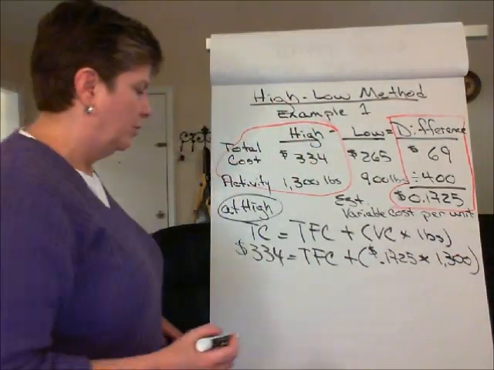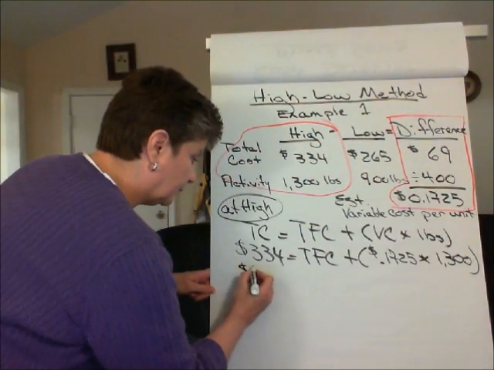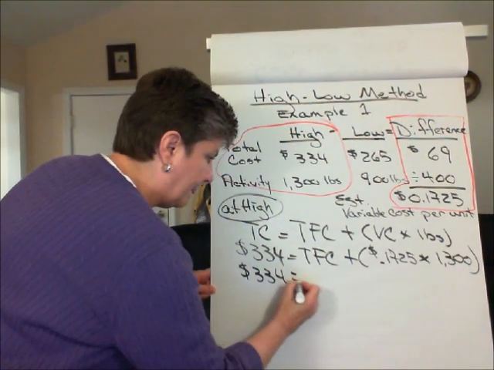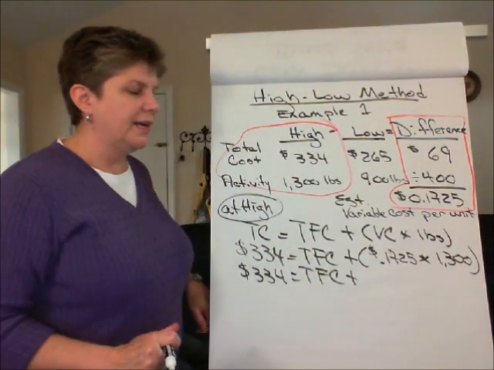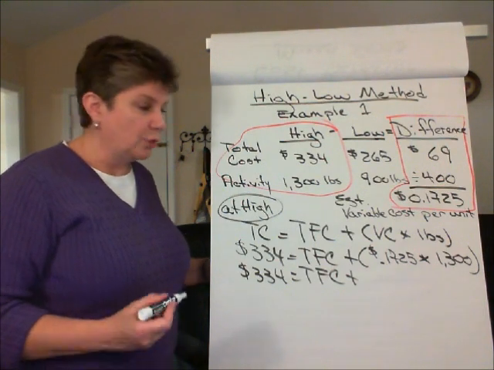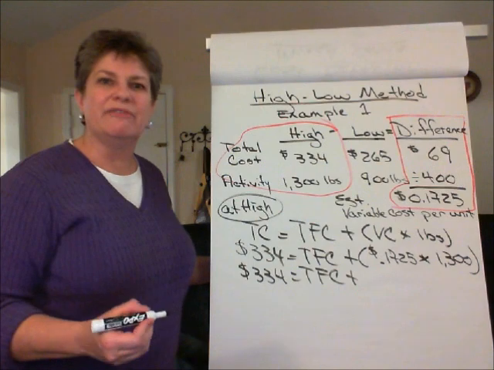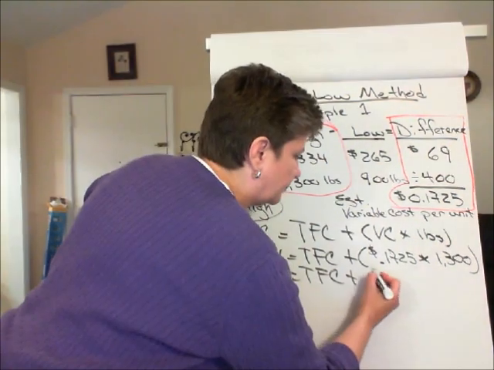comes into our formula. And then it's just a matter of doing the math. 17.25 cents times 1,300 pounds is $224.25. We're going to round that to the nearest whole dollar.